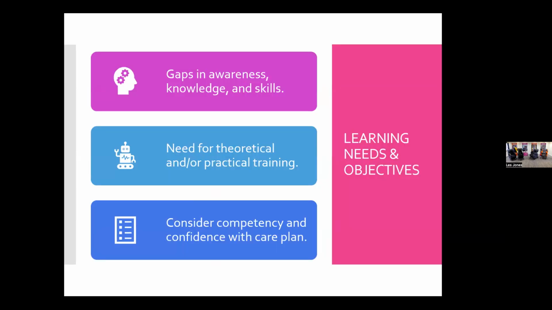What this does is maybe introduce some gaps in awareness with knowledge and skills. There might be a need for theoretical and practical training. When we think about the competencies and confidence, with the care plan, again, CareFlex are here to support that. If you have individuals where you are concerned about the support network, or if there are training needs, then reach out to us and we can support that.